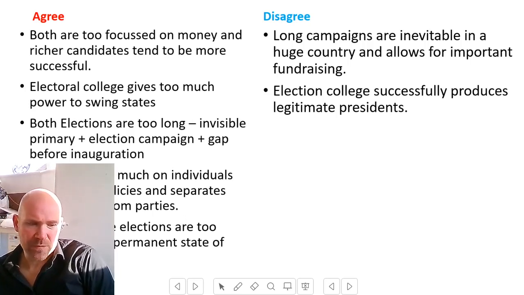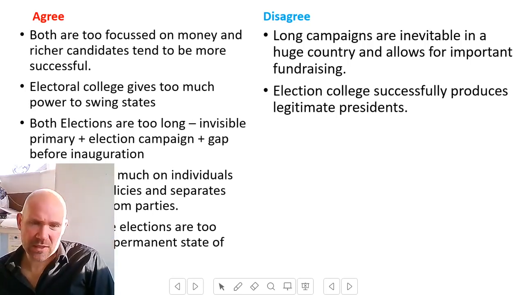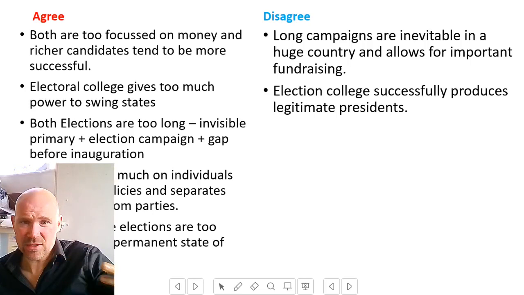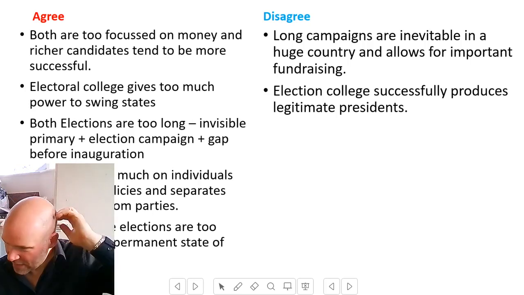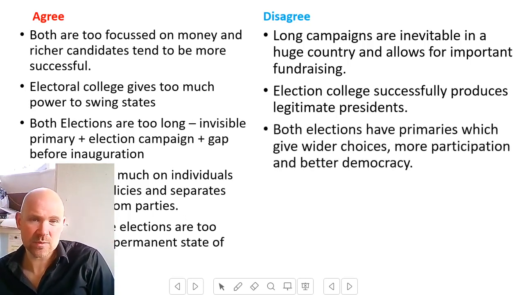Americans have a constitutional pride of their presidents, and the Electoral College does always produce a 50% plus kind of result that is a president that people can get behind. Now, yes, it's easy to knock down. You can talk about Hillary Clinton not getting the popular vote, but not the Electoral College. But it is there as an argument. You can say that it does produce legitimate presidents.